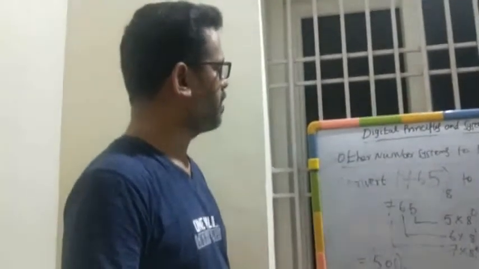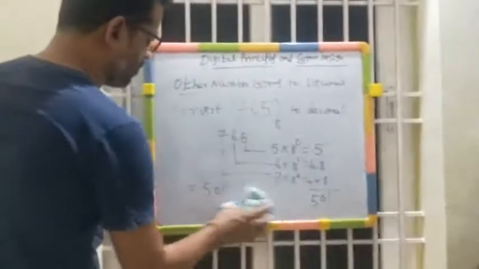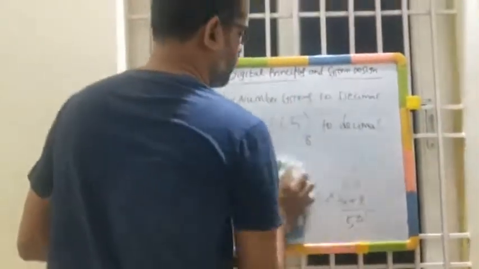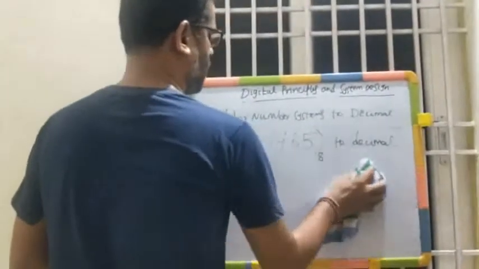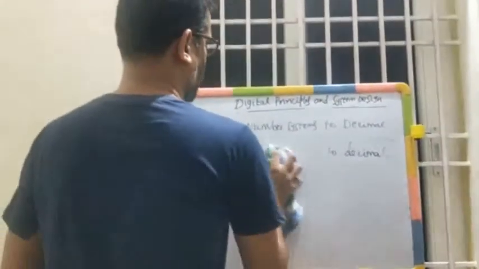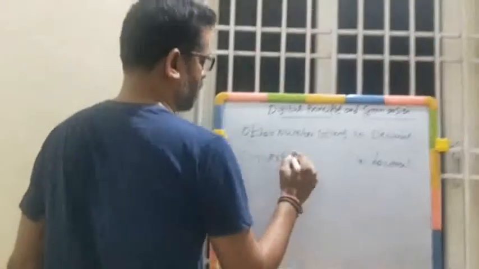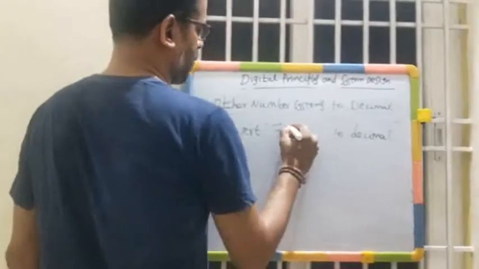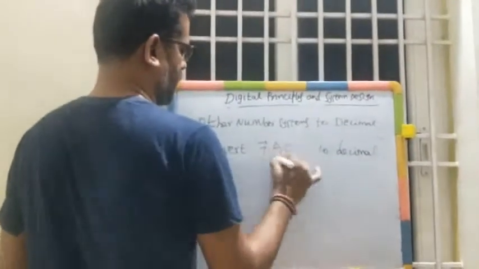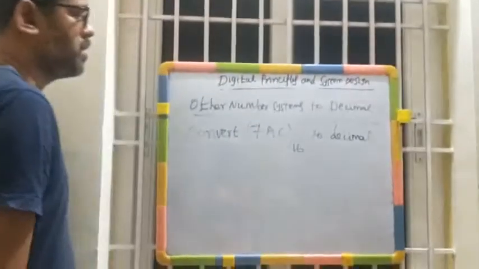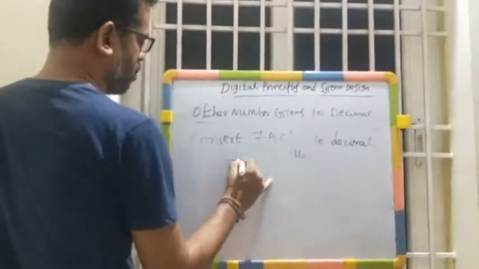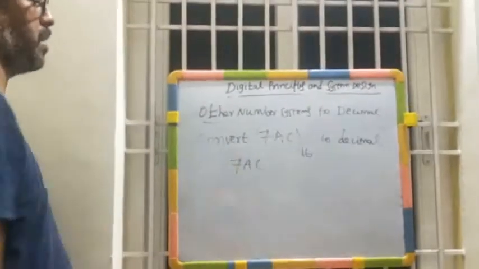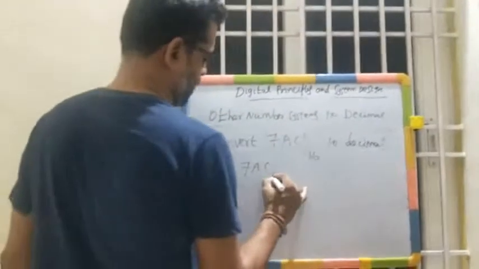Yeah? We will go for the example of converting a hexadecimal to decimal number. Now we will take a hexadecimal number, convert 7AC base 16. Okay. So how we are going to do? We are going to multiply each hexadecimal digit by integral power of 16. Okay.